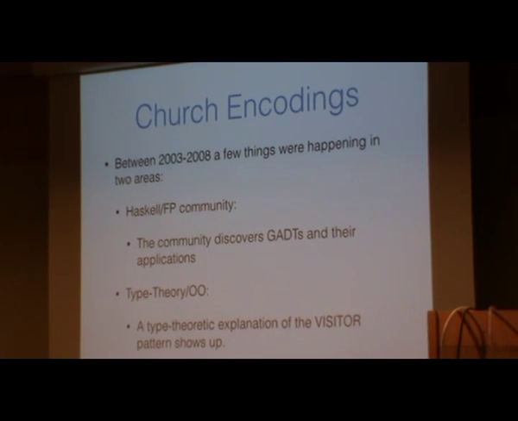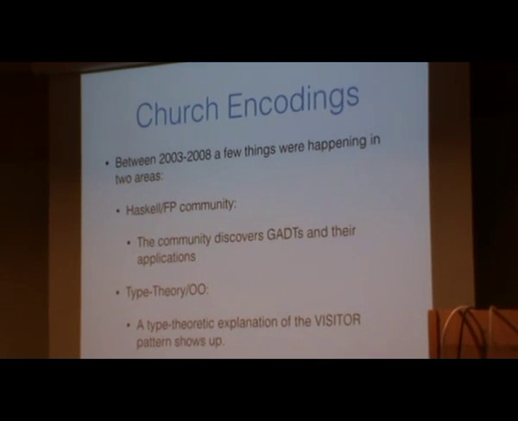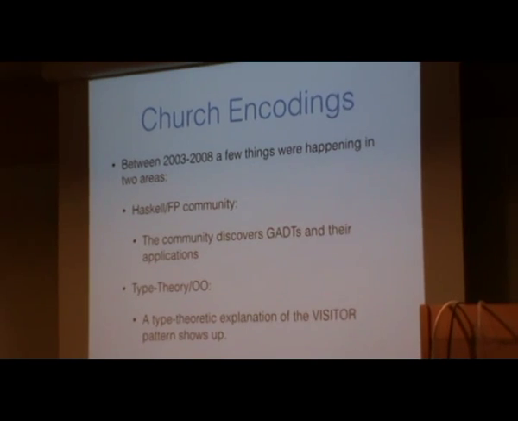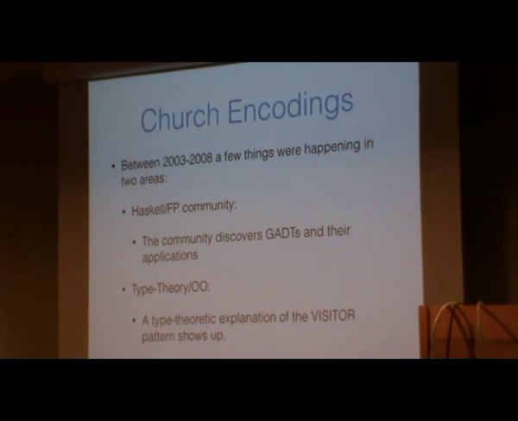It was a type theoretic explanation of the Visitor pattern. The Visitor pattern is one of the popular design patterns that object-oriented programmers use, and it is typically used to, again, model tree structures or abstract syntax trees, and then do traversals on these trees.